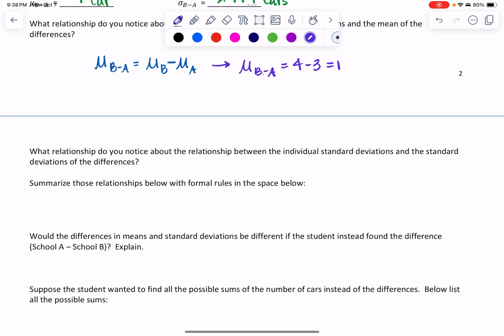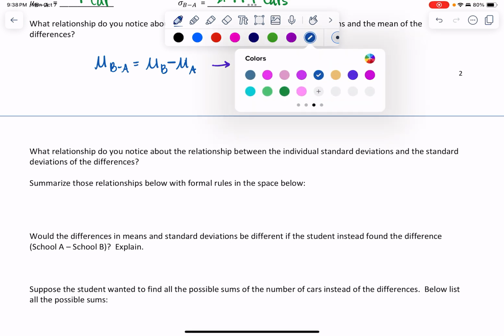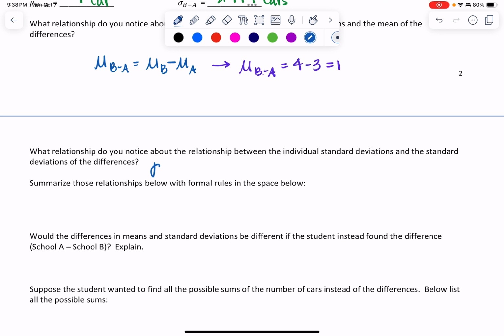For standard deviation, just like we wrote a second ago, the standard deviation of b minus a is equal to the square root of the standard deviation of b squared plus the standard deviation of a squared.